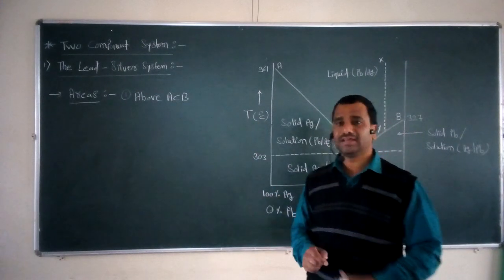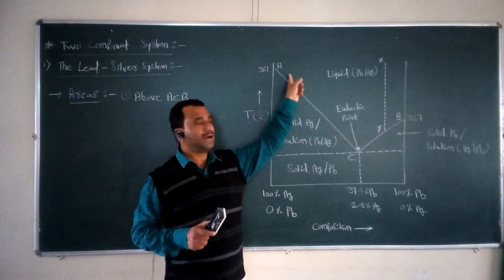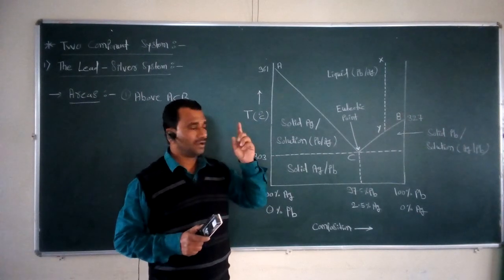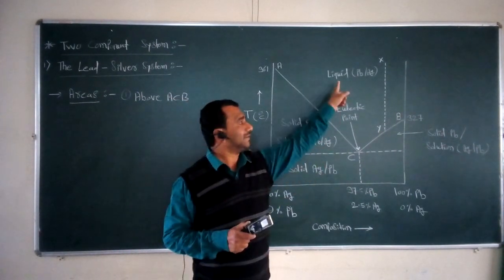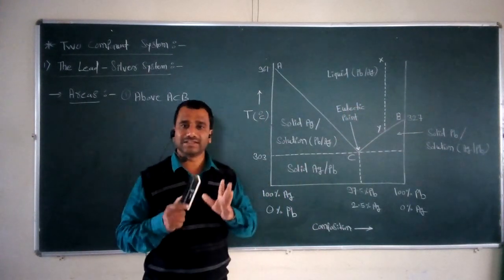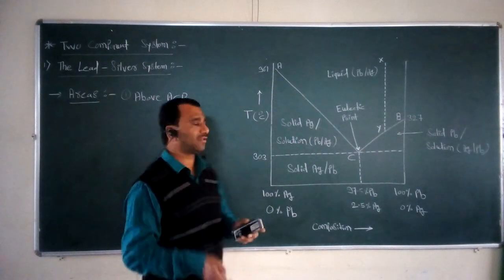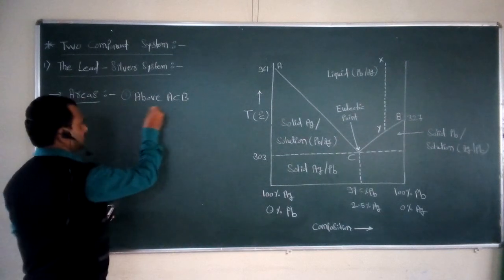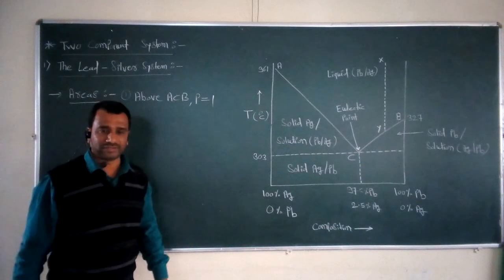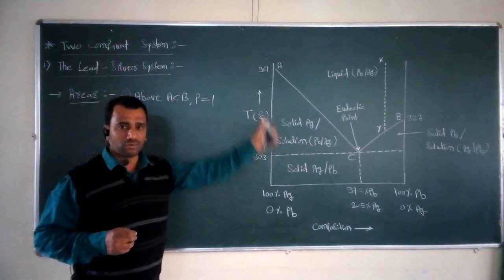Now as far as this area above ACB is considered, if we look towards this figure, the area above A, C and B consists of one phase, and that phase is the liquid phase, in which lead and silver are present. So the number of phases is equal to 1, that is, P is equal to 1. We already know that this is a two component system.